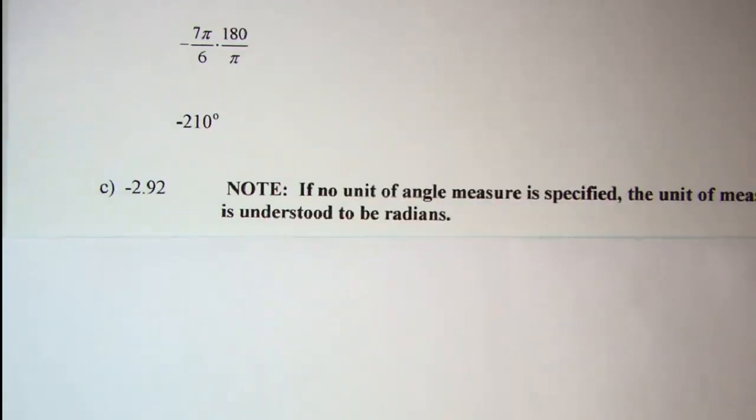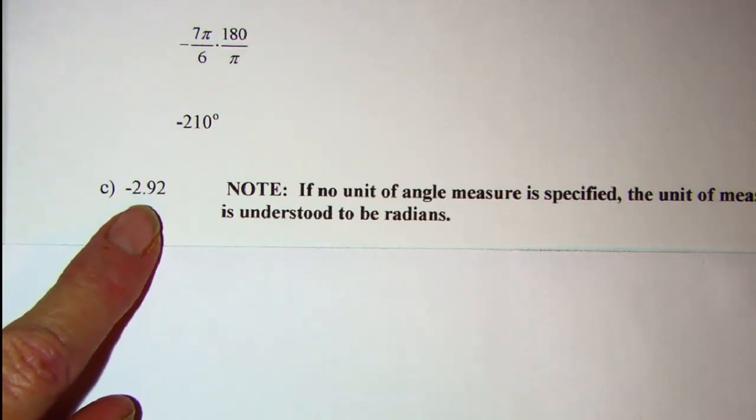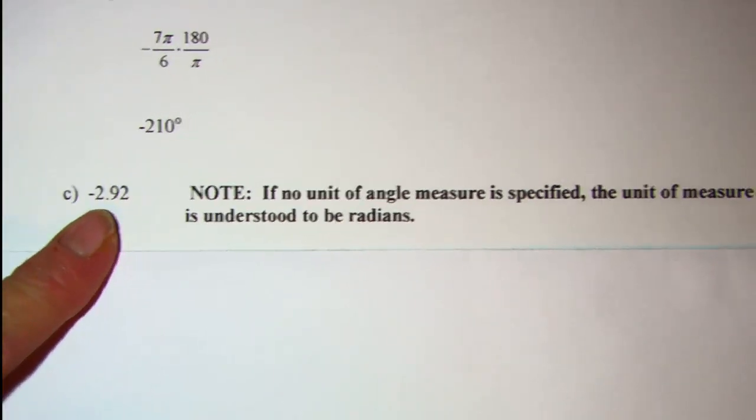And our last example, convert negative 2.92. Now notice that on this measure, we don't have a pi. We don't have any unit of measure specified.